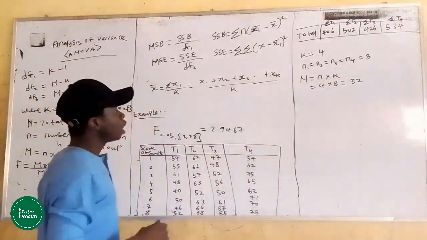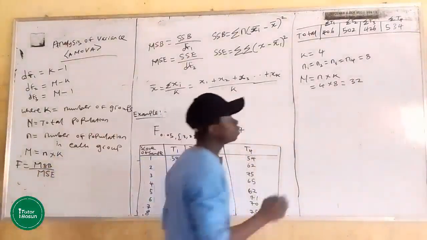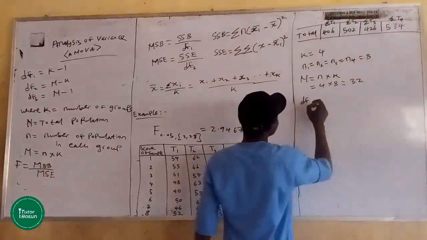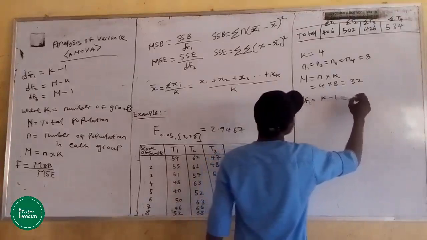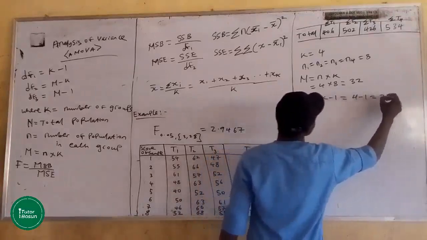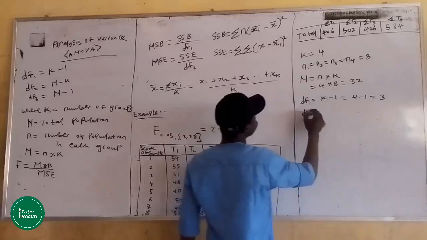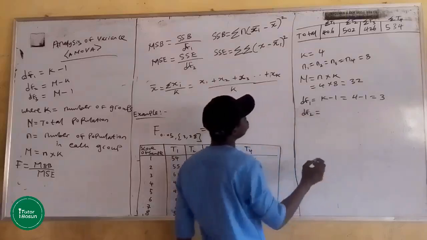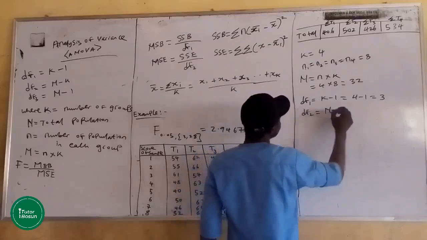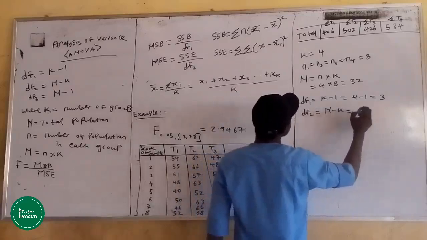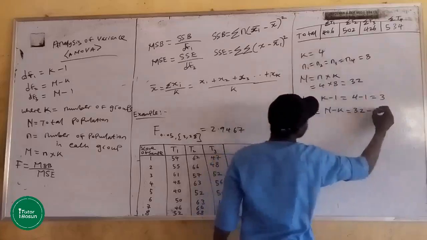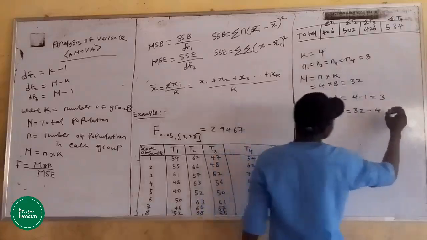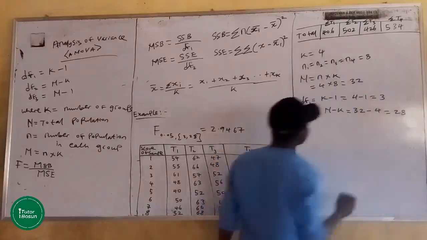So from there we can now calculate our degrees of freedom. What will be our DF1? Our DF1 is K minus 1. We do 4 minus 1, which is 3. What will be our DF2? Our DF2 equals N minus K, which will be 32 minus 4, which is 28.